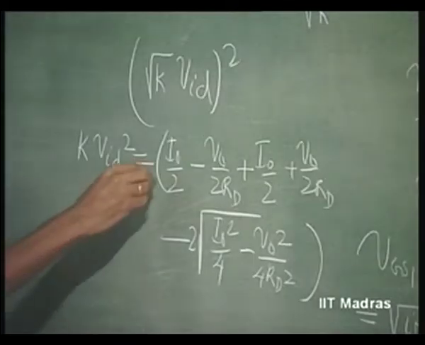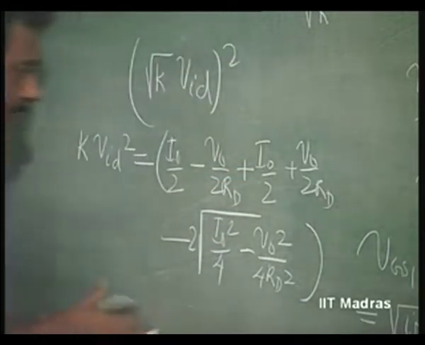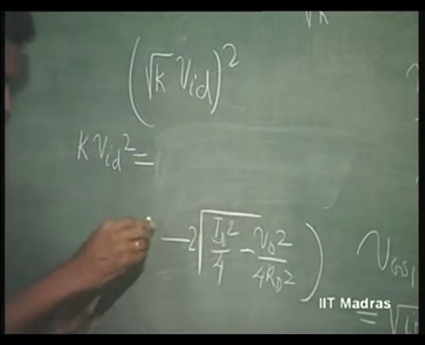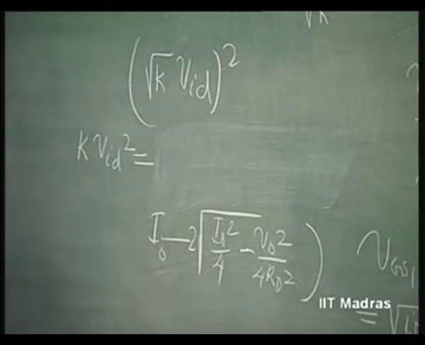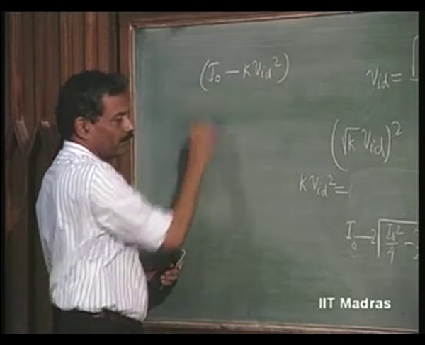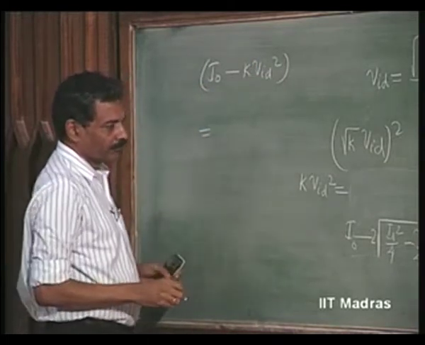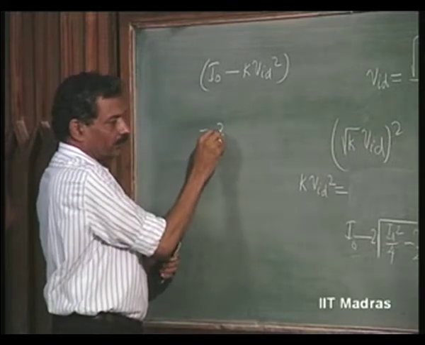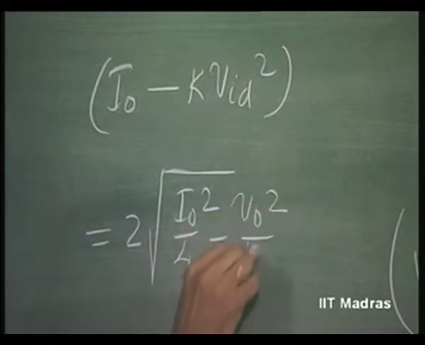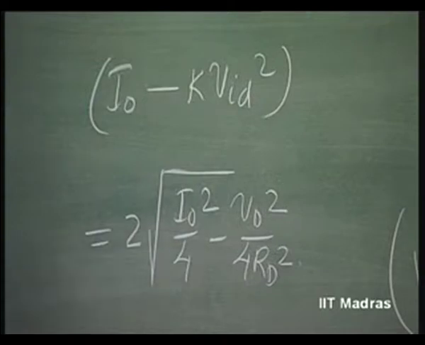So, this I naught by 2 and this whole thing simplifies to simply I naught. Or we get I naught minus K times VID squared equals root of I naught squared by 4 minus V naught squared by 4RD squared. Now what do we do?